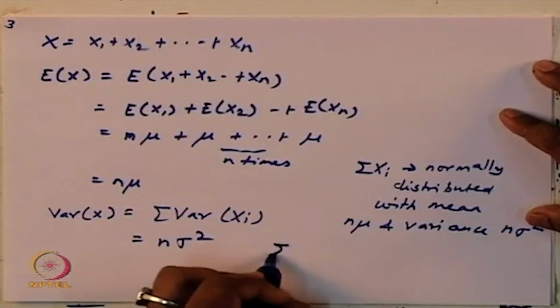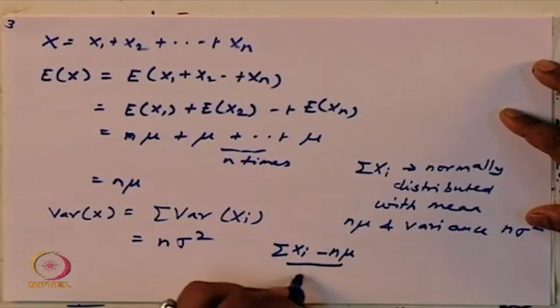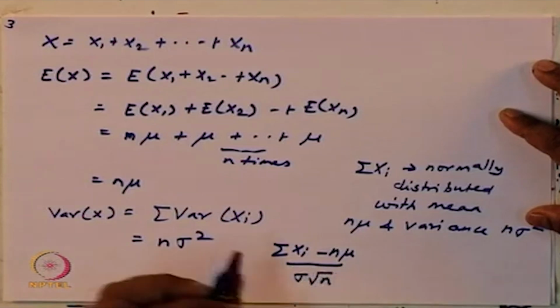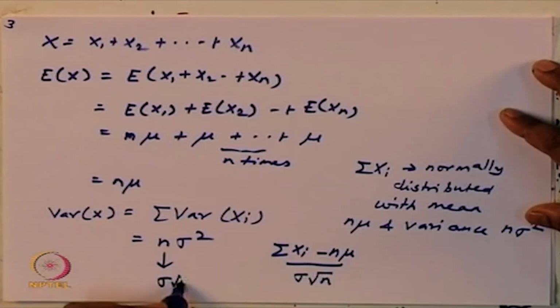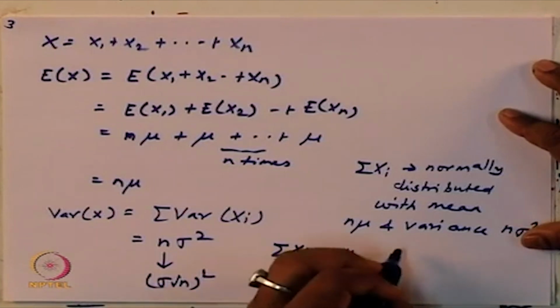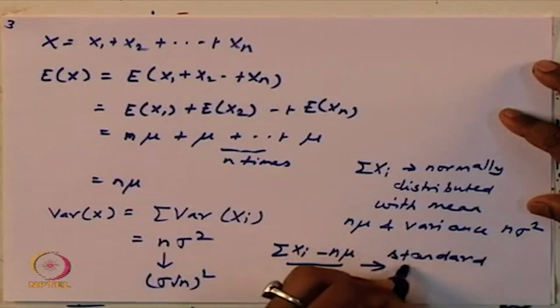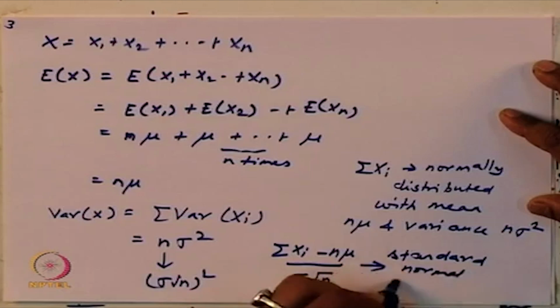Then I can say that summation xi minus n mu divided by sigma root n, which is nothing but the square root of n sigma square, is approximately equal to a standard normal variable.